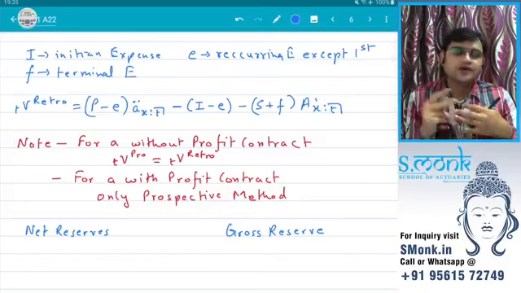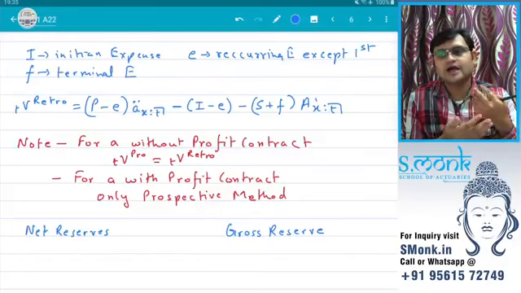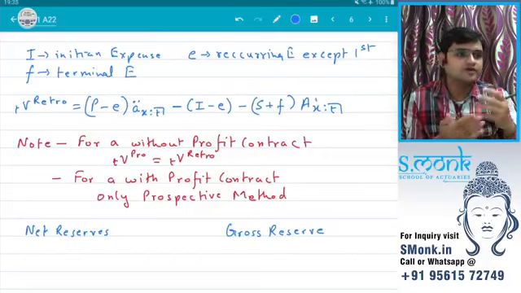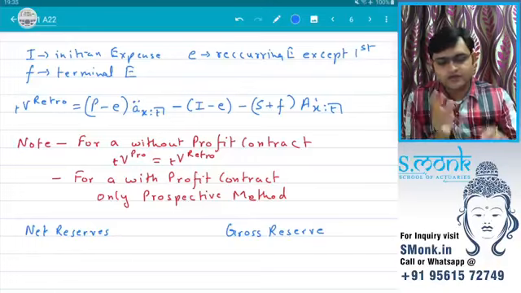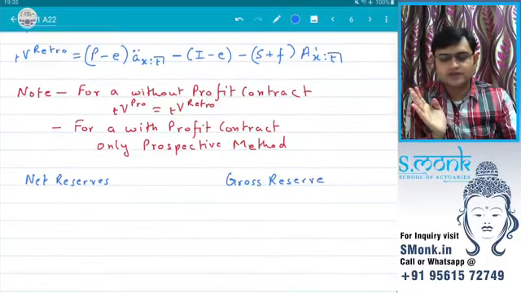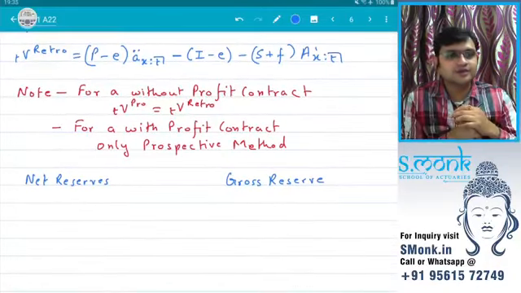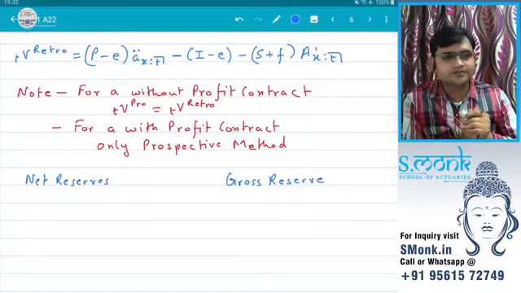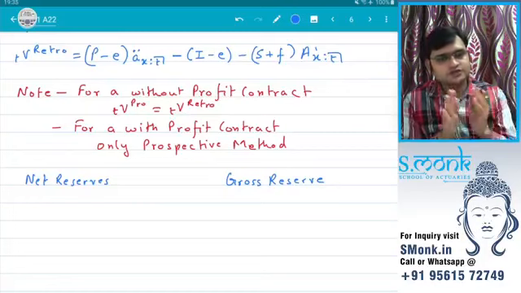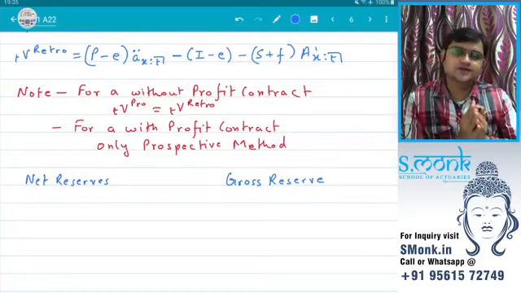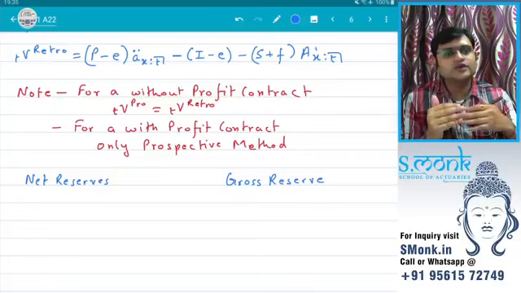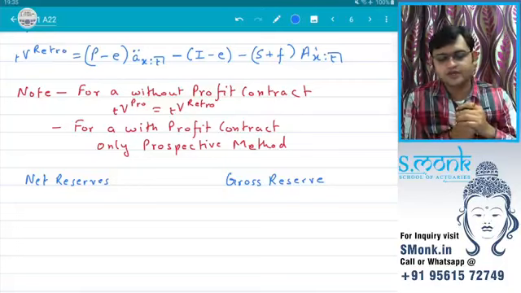For regulation purposes, IRDA keeps tab of how much reserve is kept by which particular company, so that we know that there is no problem in paying off the future liabilities that would come. They will say for such and such policy, you should keep at least this much reserves. And the company would calculate gross reserves for themselves because there are expenses involved, there are bonuses involved, a lot of different things might be involved.